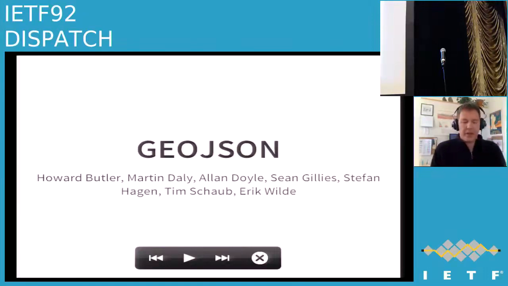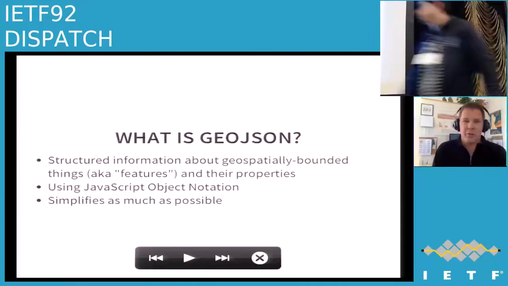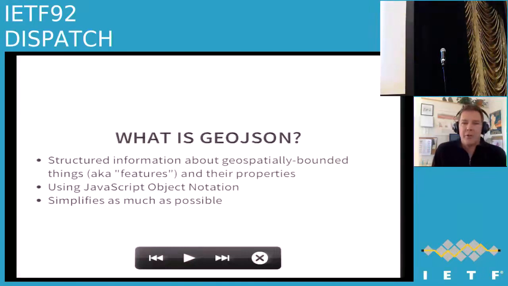The simplification here is not an XML versus JSON issue. It's an issue of geographic information system architecture. There's the trend of complexity in GIS towards making more and more complicated formats that are rather tied to specific protocols. So GeoJSON is deliberately more simple and not just a JSON translation of other complex formats. Next, please.